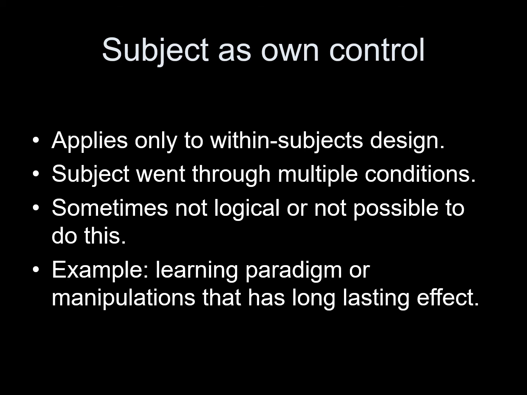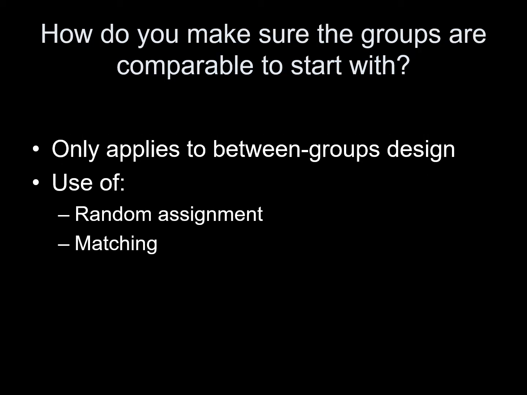Okay. Now, how do you make sure that the groups are comparable to start with? Well, this only applies to between groups design. So you want to make sure that the control group and experimental group at the very beginning start at the same place.